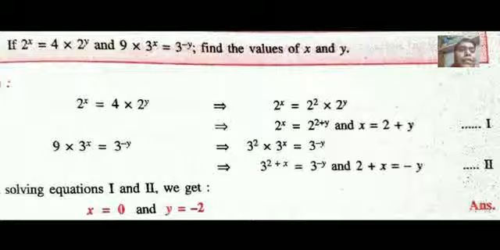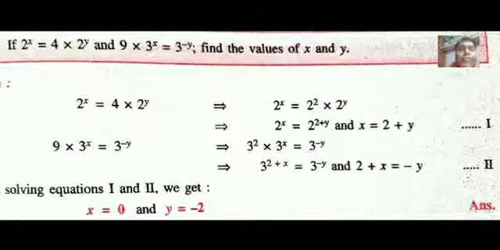So 2 to the power x is equal to 2 to the power 2 into 2 to the power y, therefore 2 to the power x is equal to 2 to the power 2 plus y. Ignoring the base, x is equal to 2 plus y.